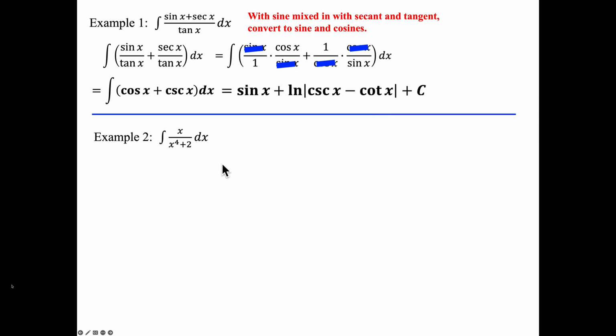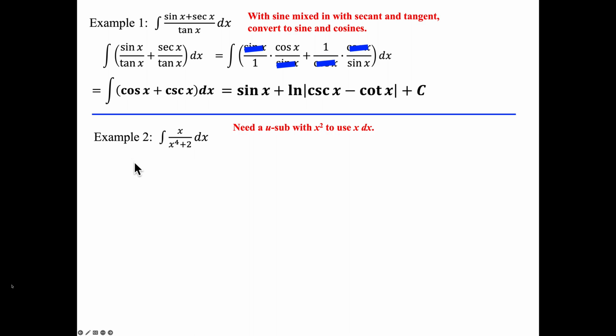Example 2. Here you have x to the 4th plus 2 on the bottom, x to the 1st on the top. So I was thinking of a u sub, but I really would like to see x cubed here. I don't have that. So the next thing I'm going to do is I'm going to change this x to the 4th to an x squared squared.